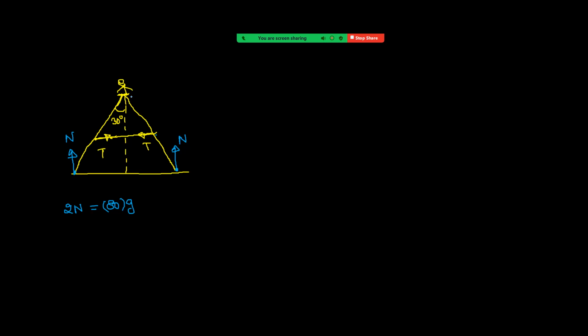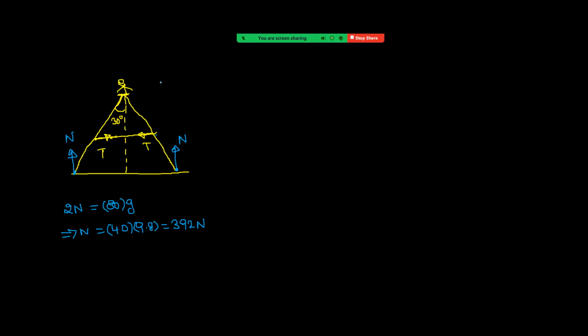In that case, weight of the person must be balanced by sum of these two. So from this N value, it is 40 into g, and g value 9.8, so it is now 392 Newton. Okay. So we got now normal reaction from ground on ladder. Okay. So now we have to find out tension.